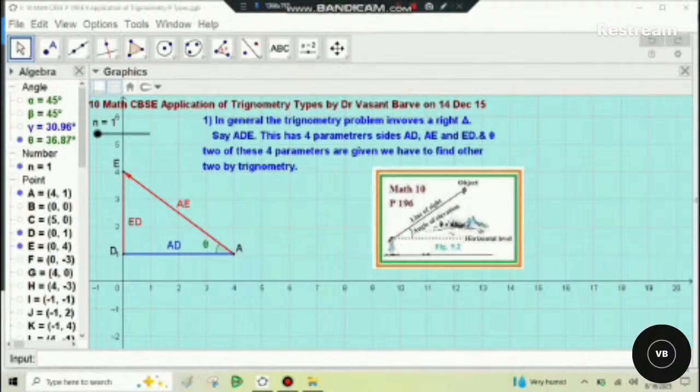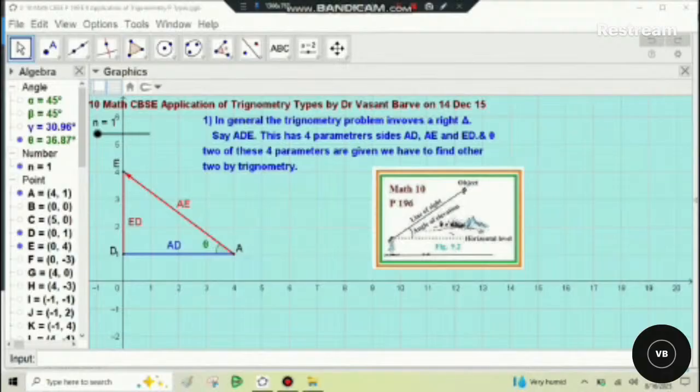Now, this is one sketch from the book, on page 196, where you'll see that a kite is flying and this girl is watching it. She is watching at an angle of elevation. This is the angle of elevation and this is the line of sight.